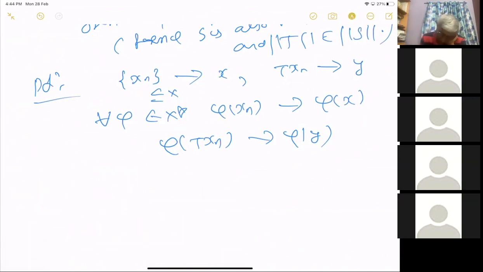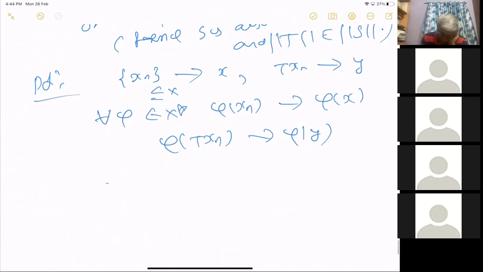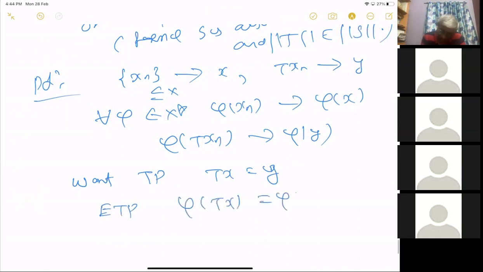We have to prove that Tx equals y. By the Hahn-Banach theorem, it is enough to prove phi of Tx equals phi of y for all phi in Y star.